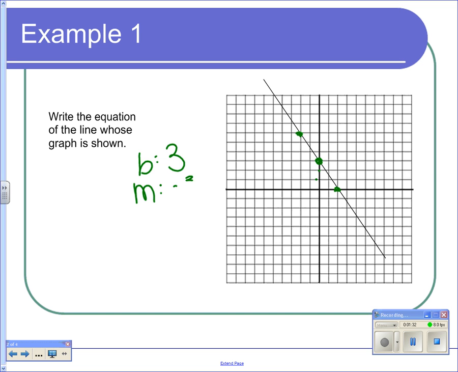She says -3/2. You agree? Okay, so what would be the equation of that line? Does that make sense? Any questions there? Okay.